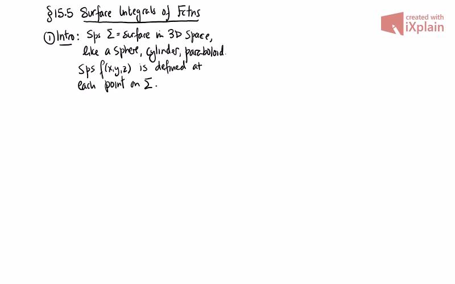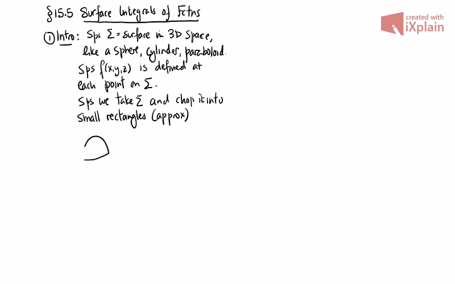But let's approach this a little bit differently. Suppose we take sigma and chop it into small rectangles, approximately. I say approximately because if sigma is curved, you can't chop it into actual rectangles, but you can approximate it by rectangles.